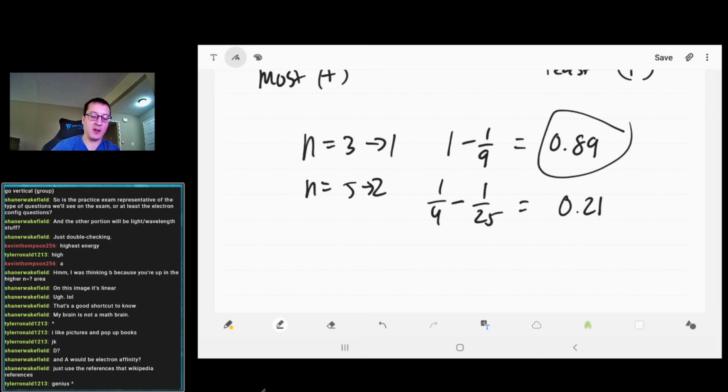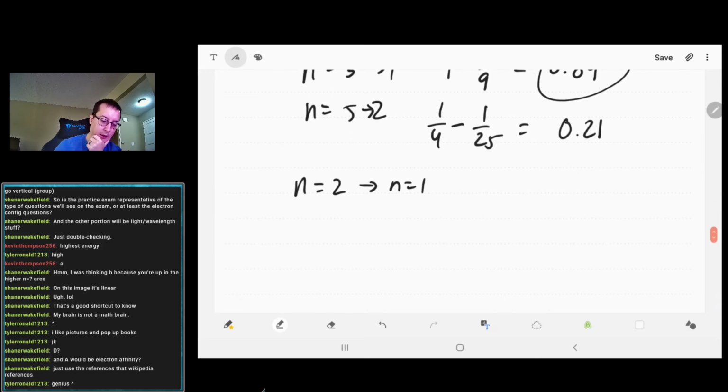I was just thinking about this transition stuff. I believe n equals 2 to n equals 1 is going to be more energy than even n equals 100.